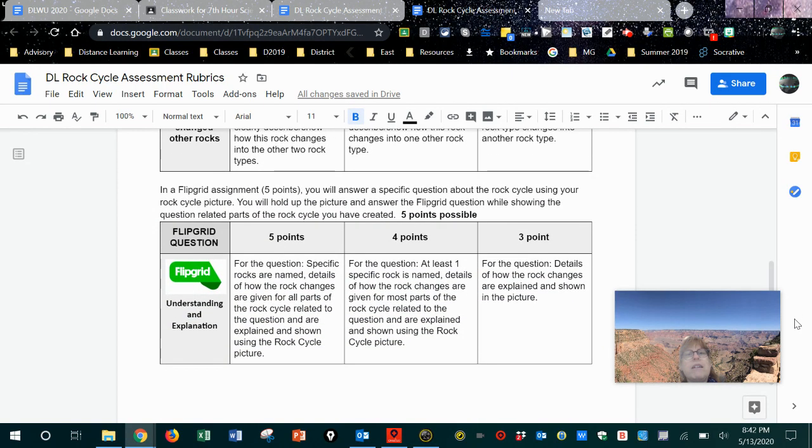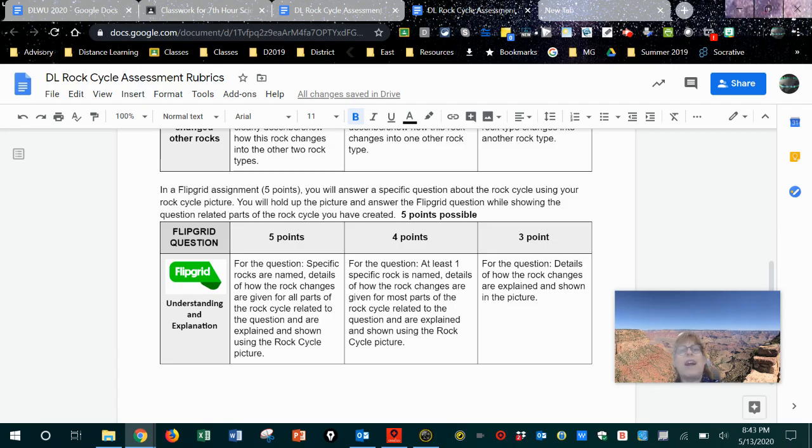Then on Monday, you will be describing, so there will be a task 28, and it will be a Flipgrid where you answer a question using your rock cycle picture. And so for all 5 points, you need to have a specific rock named to answer the question. And then you're going to describe the details and show it on your picture.